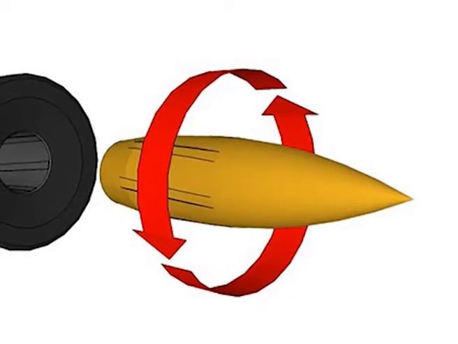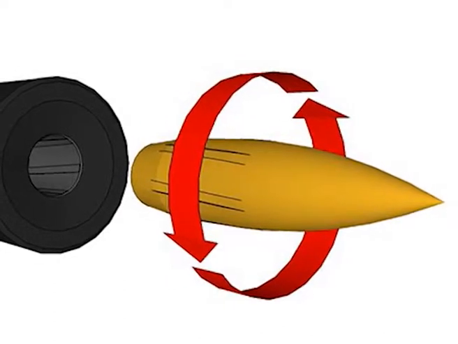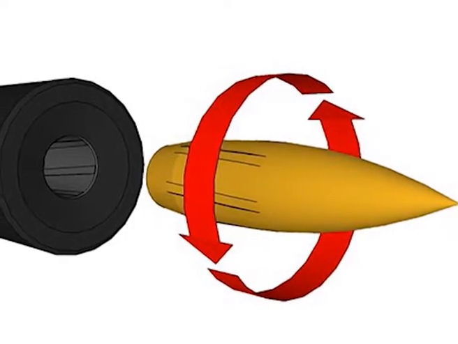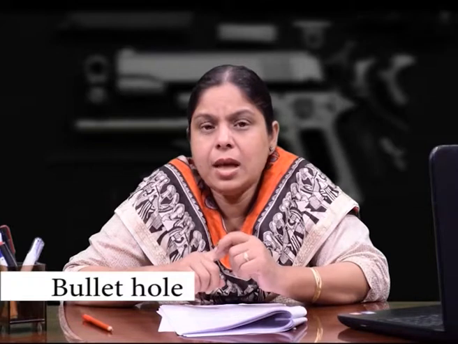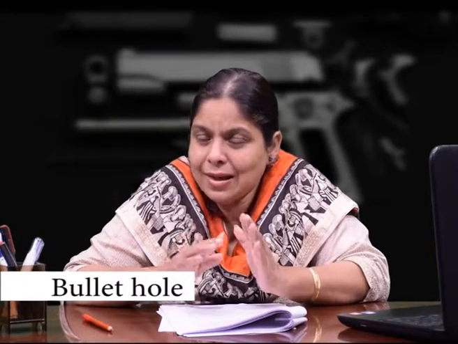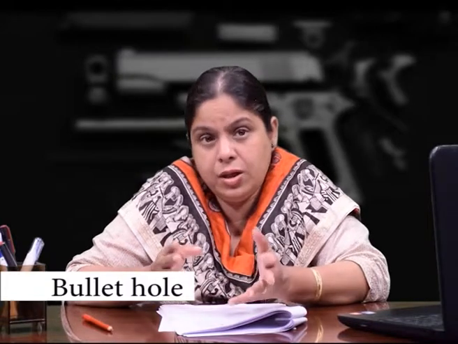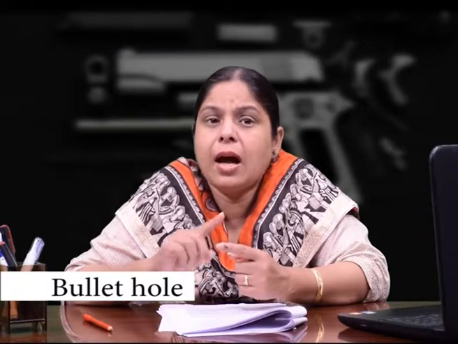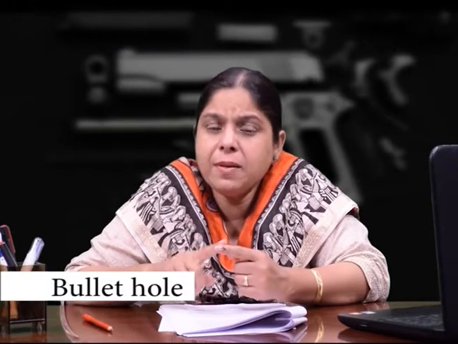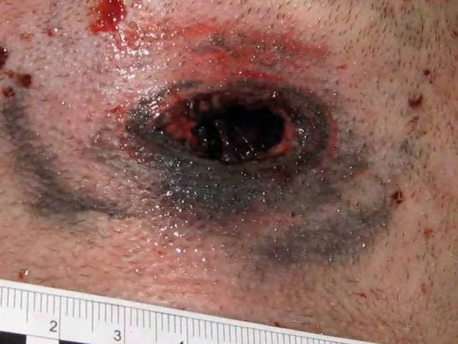Bullet hole. The spinning bullet as it burrows into the body causes a circular or oval hole depending on the angle of the entry. The dimensions of the hole are slightly less than the diameter of the bullet due to stretching and recoil of the skin. The margins of the bullet hole are inverted and fibers of the clothing may be driven in. Abrasion collar.